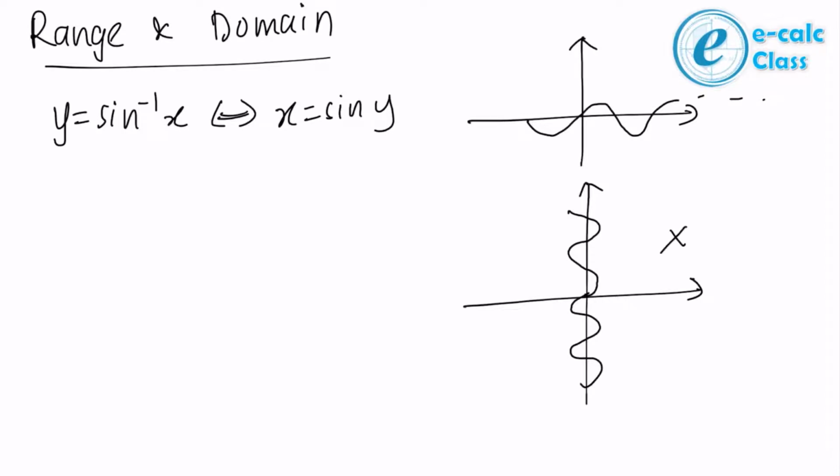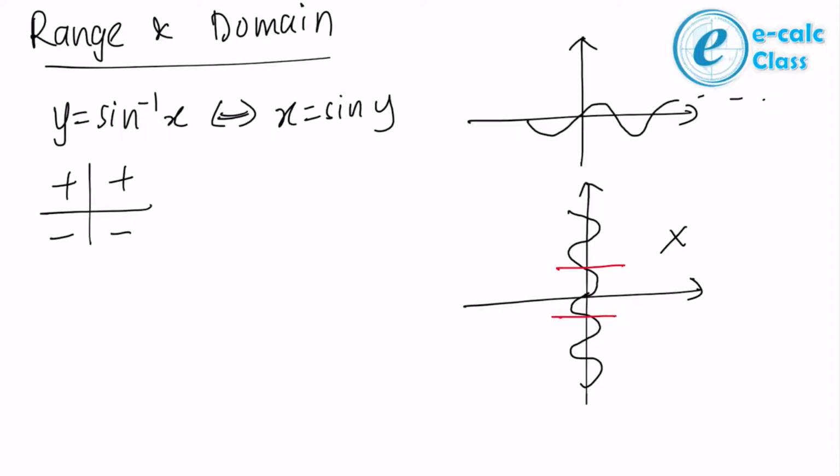So we need to restrict the domain. For sine, we'll just take this part to this part. And I want to tell you why later. Actually, I'll tell you why now. If you remember ASTC, all science teachers crazy, you know that sine is positive in the first and second quadrant.